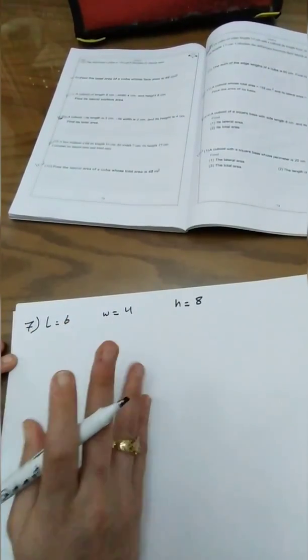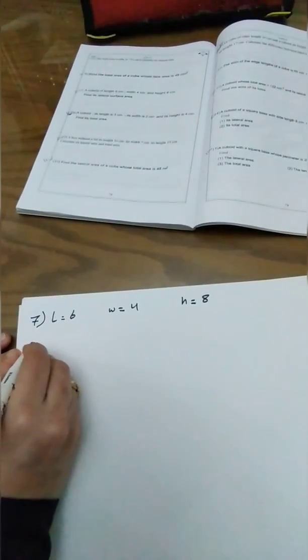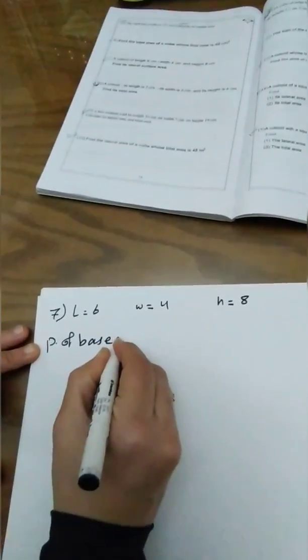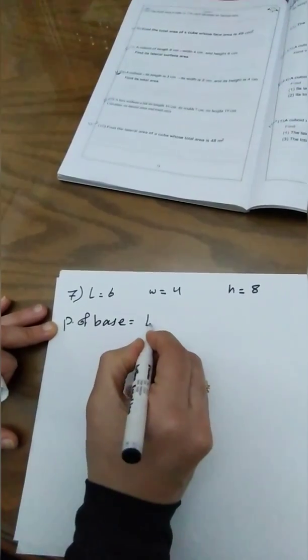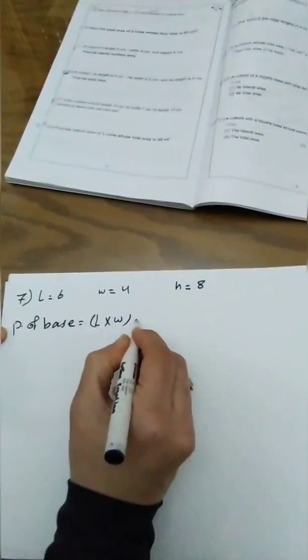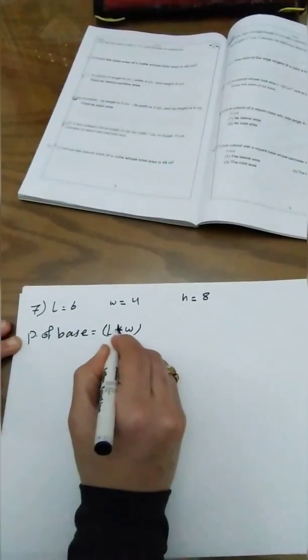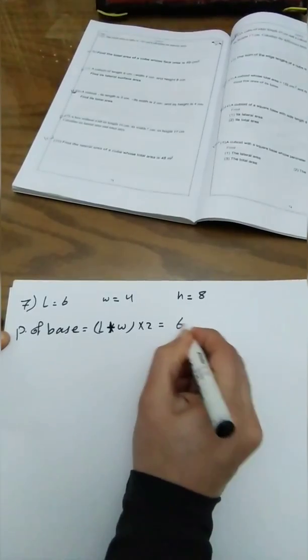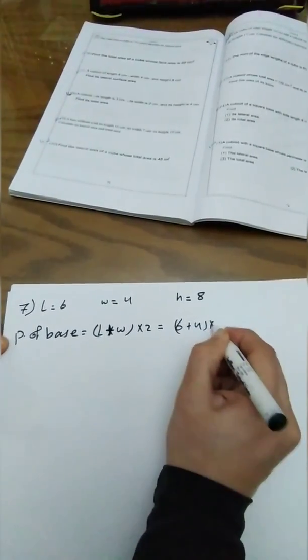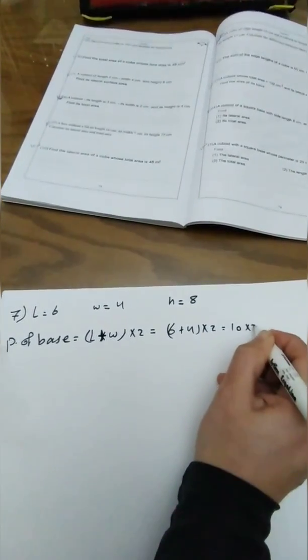So I have here length equal 6, width equal 4, and height equal 8. First, I have to find the perimeter of the base. The base has length and width, so the perimeter is length plus width, times 2. So I have here 6 plus 4, multiplied by 2, equal 10 times 2 equal 20 centimeter.